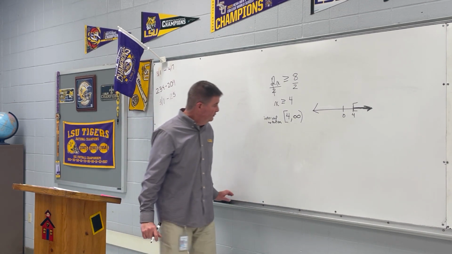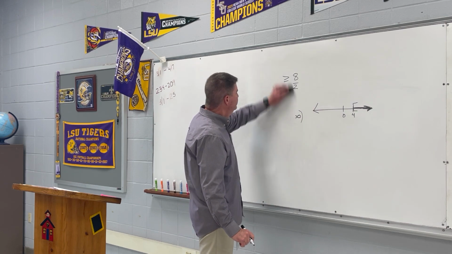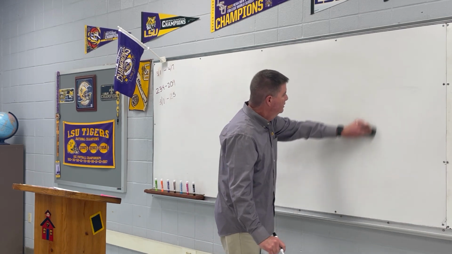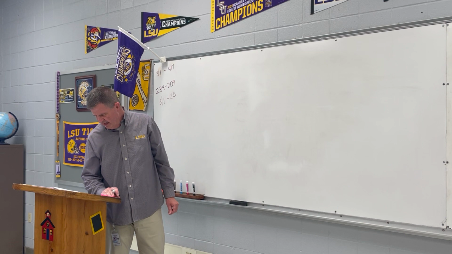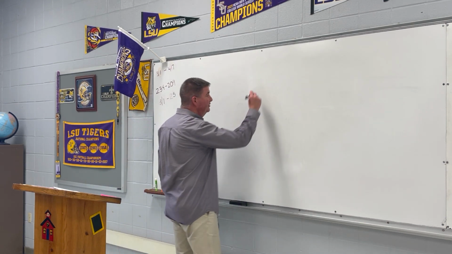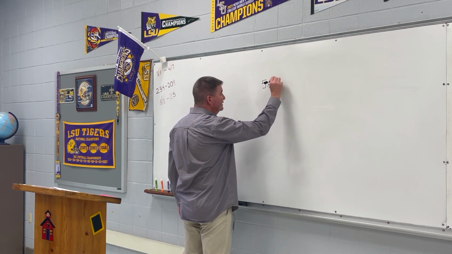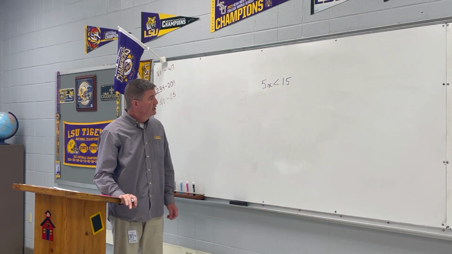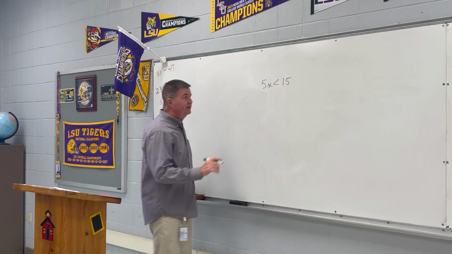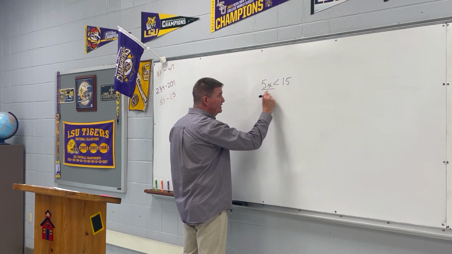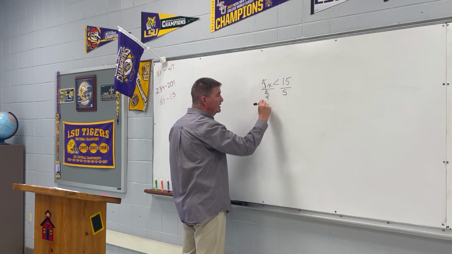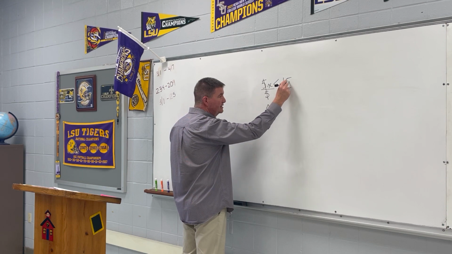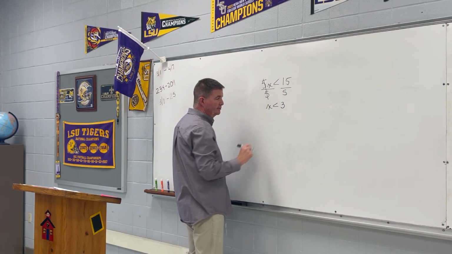Okay, for the next one, we have the same things to do. We have 5x is less than 15. So we would divide by 5 to isolate the x. We have x is less than 15 divided by 5, which is 3.